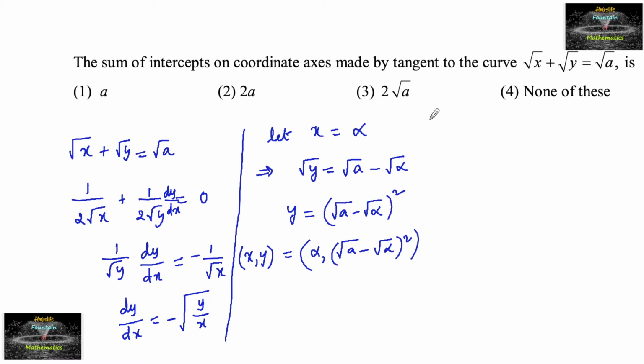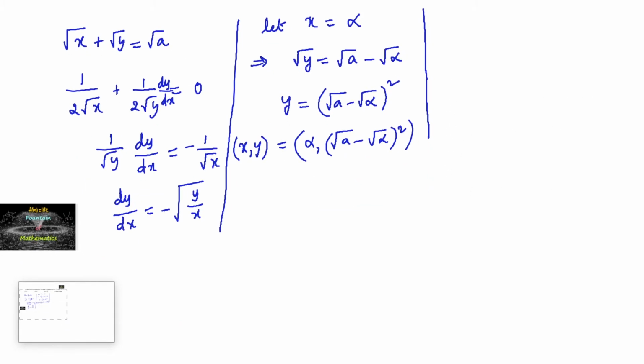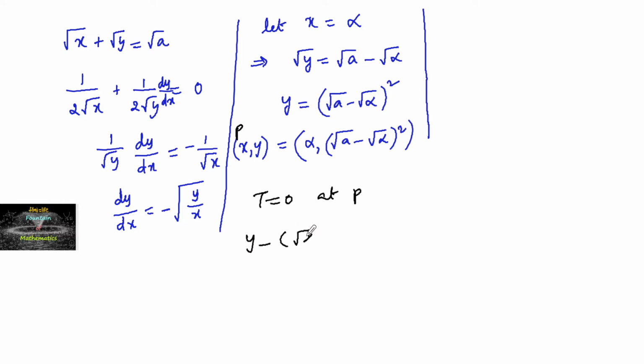Now at this point, what is the equation of a tangent? Tangent equation at the point P, let's say this point P, that is y minus y1 is equal to m, and m is nothing but the slope at the point.